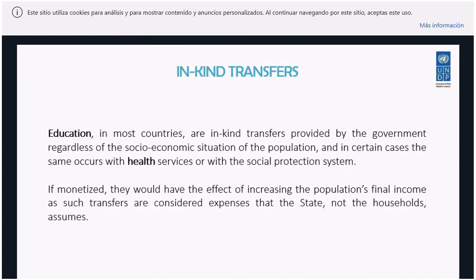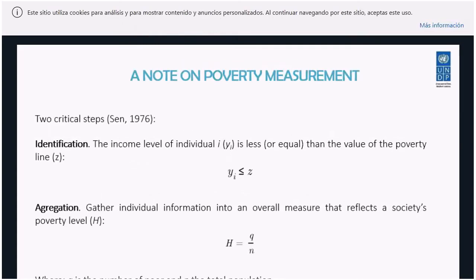I think I referred as well to the importance of in-kind transfers, and you will understand more how the different concepts of social expenditure work in our last webinar, when we will show the practical exercise from the beginning to the final stage, when we will be measuring the effects of a potential reform on inequality and probably on poverty.